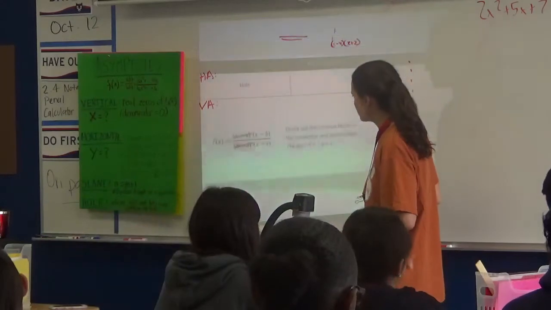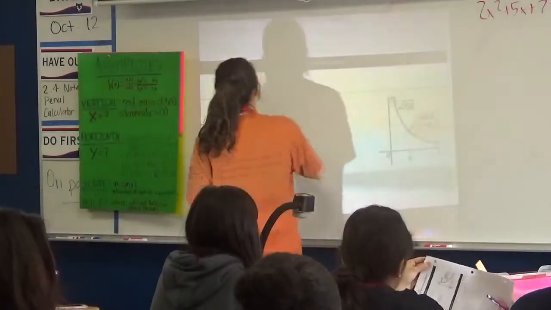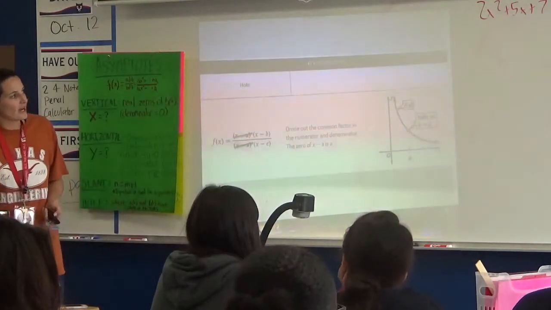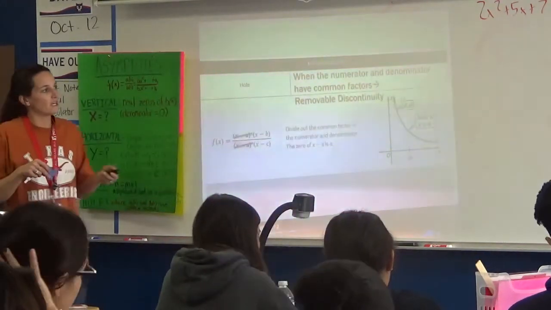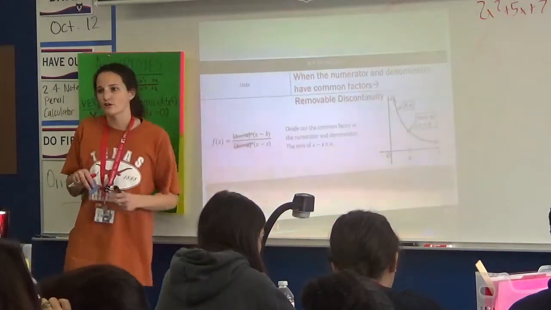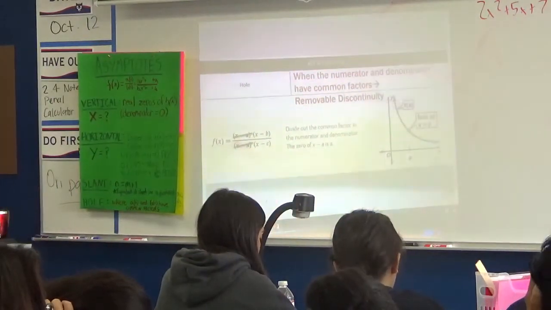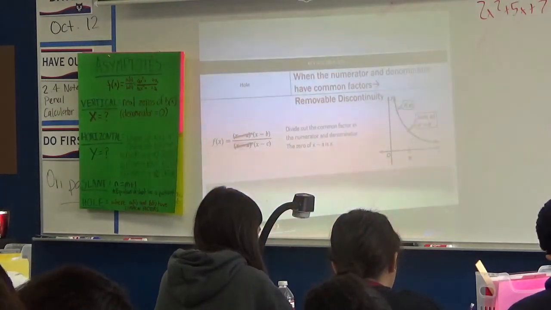Flip. Okay, for us to have a hole in our graph, we have to have a numerator and denominator that have common factors. When the numerator and denominator have common factors, it's kind of like that factor cancels out, and so that value is no longer an asymptote, it's actually a hole.